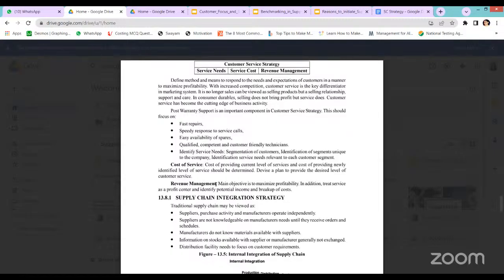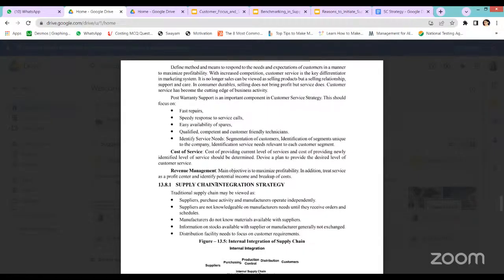Finally, revenue management, because providing service is not at the cost of sacrificing your profits, right? So it is also important. An organization must make sure to provide better services and maximize the profit.